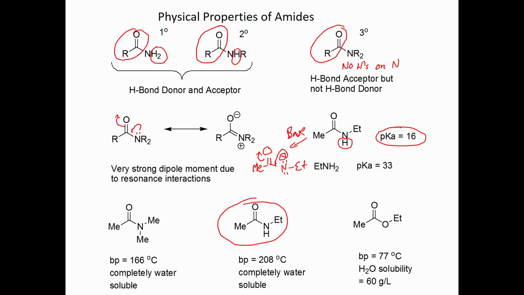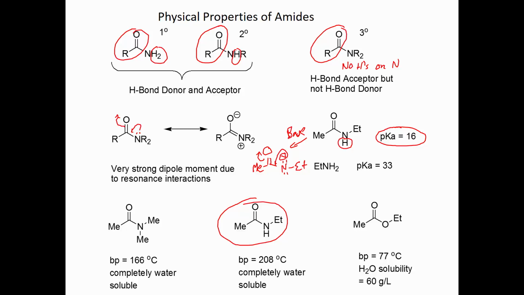So there's more negative charge character at the amide oxygen than there is at the ester, ketone, aldehyde, or carboxylic acid oxygen. So when we compare water solubility, we see that these 2 amides here are completely water soluble, whereas ethyl acetate is hardly water soluble at all.